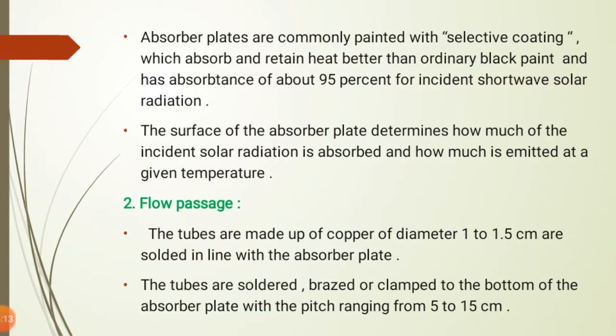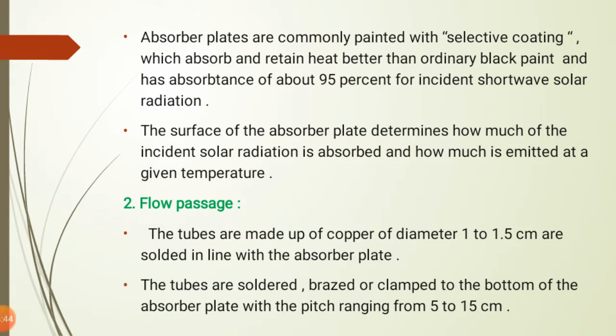Absorber plates are commonly painted with a selective coating which absorbs and retains heat better than ordinary black paint and has an absorptance of about 95% for incident short wave solar radiation. As we saw, the absorber plate is coated with a black color, but this is not ordinary black paint, it is a selective coating.